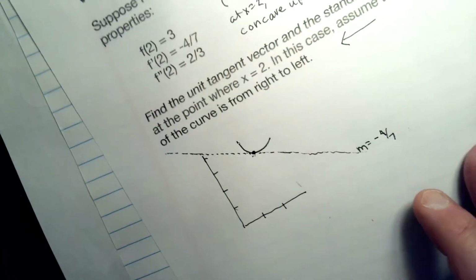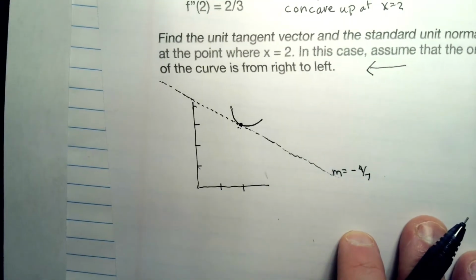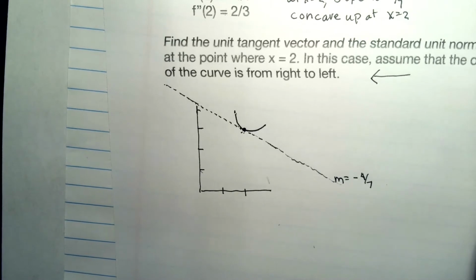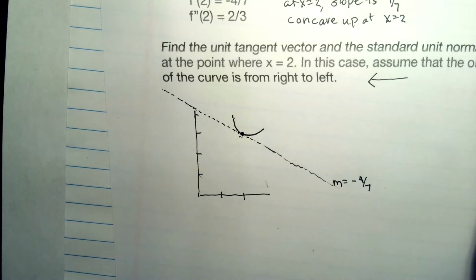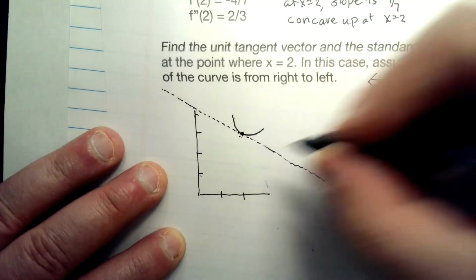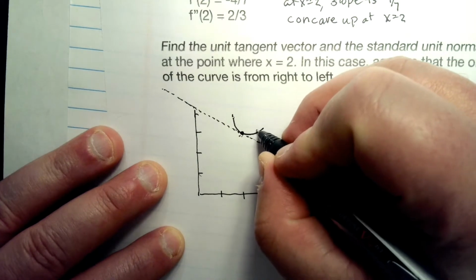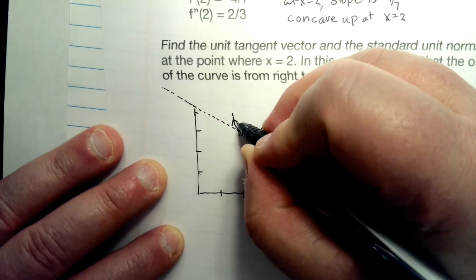Concave up. And when I turn it back around, it's going to look something like that. So in the neighborhood of x equals 2, the graph is going to look something like that. And remember that the orientation of this curve is from right to left, so that would be in that direction.